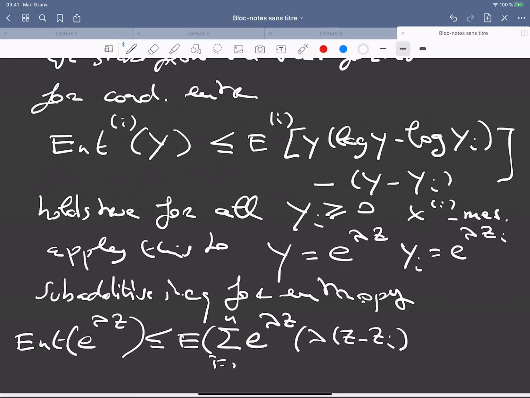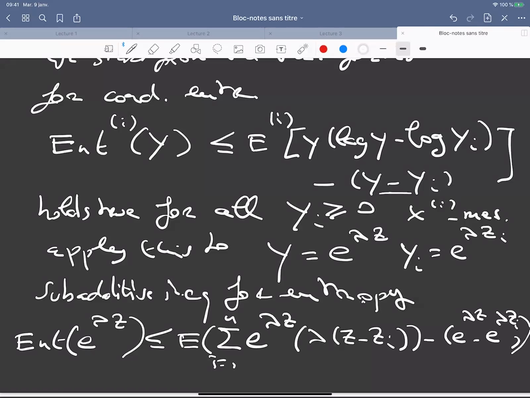This is one term. The other term is minus (exponential of lambda z minus exponential of lambda zi), which comes from the y minus yi term.